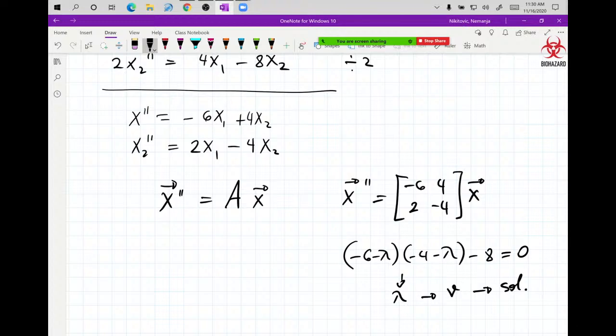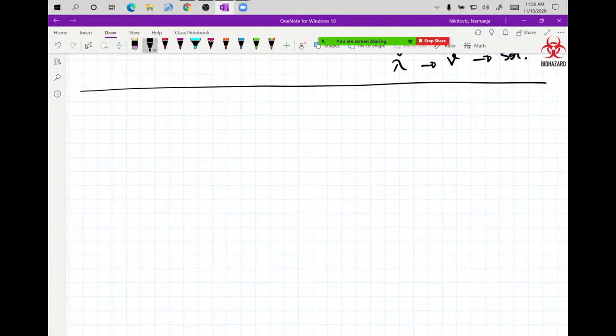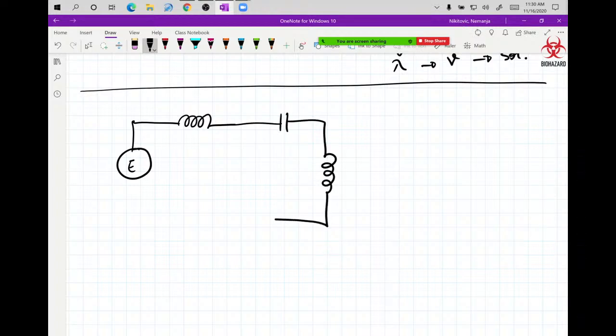And now, even though we said mechanical applications, if we are to push the second order differential equations for electrical engineering, which is again the very basic for electrical, you have a circuit that has a source of some EMF, and then you can put whatever components you want, technically.